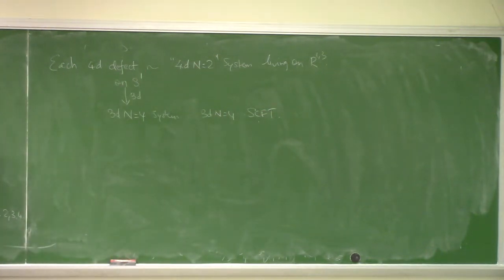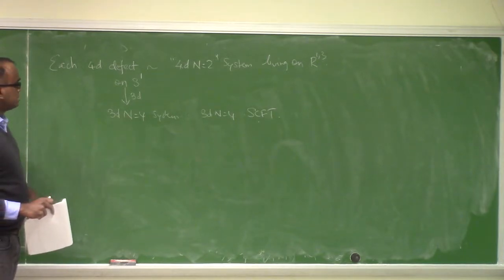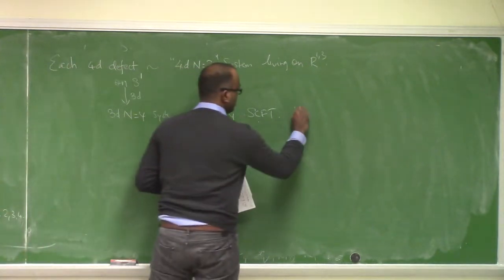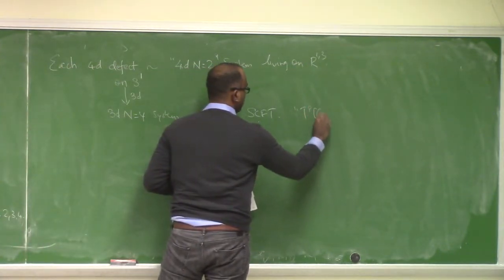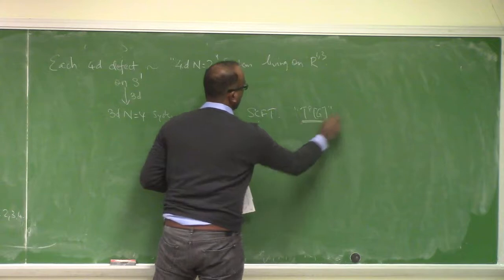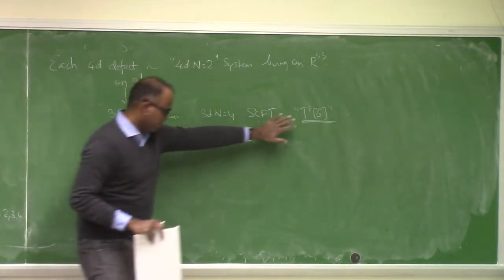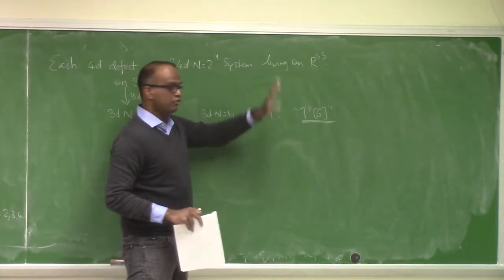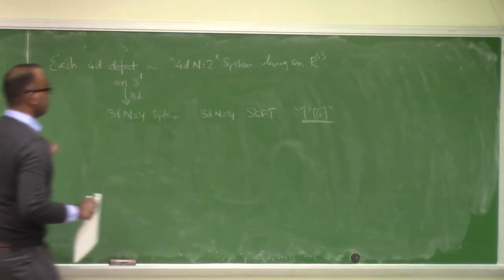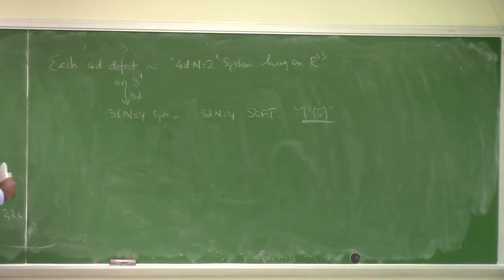In the literature, the SCFTs that arise this way from particular classes of defects are called T_rho G SCFTs. I will talk more about this in the second half of my talk, but I'm just giving you some idea of where I'm headed.